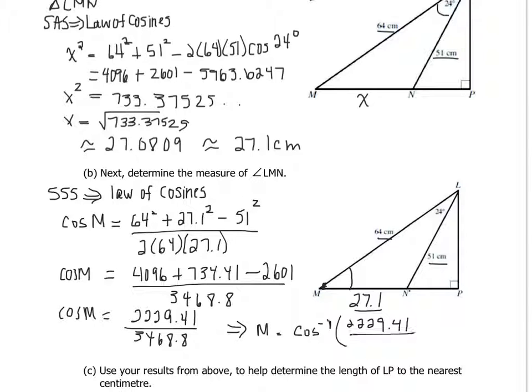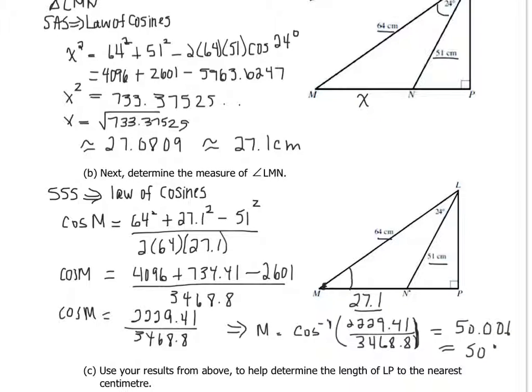If you use brackets again, you don't have to work out 2229.41 divided by 3468.8. So inverse cos of 2229.41 divided by 3468.8 gives you about 50.006, so approximately 50 degrees if we round it to the nearest degree.